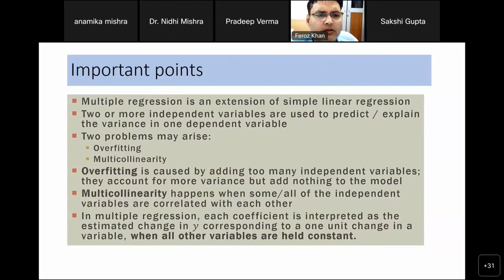Second, two or more independent variables are used to predict or find out the variance in one dependent variable. Third, remember to avoid overfitting and multicollinearity during the modeling process. Overfitting is caused by adding too many independent variables, while multicollinearity, as I mentioned, happens due to correlation between the independent variables. So these parameters should always be checked before developing a model.